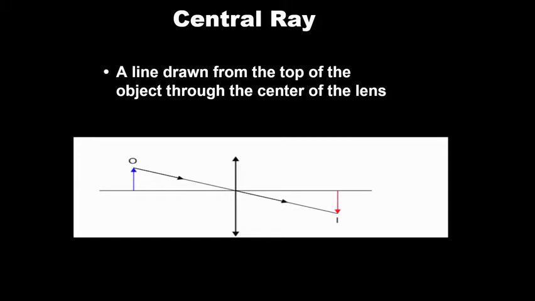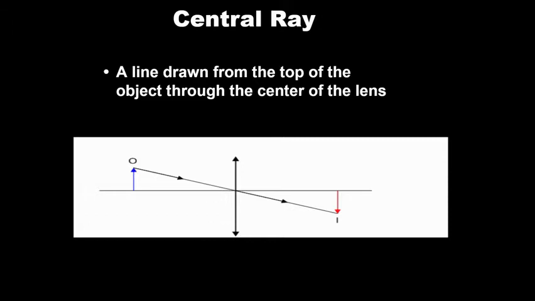Probably the simplest ray to draw is the central ray because it begins at the top of the object. It passes directly through the lens where the plane of the lens crosses the principal axis. It can be difficult to get your ray to pass right through those crosshairs. So if you are a perfectionist or a little bit OCD, this could make you a little bit crazy.